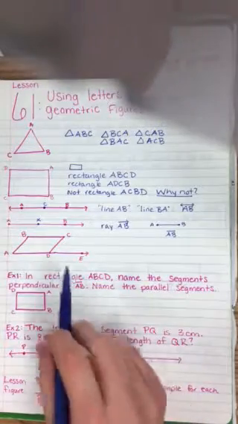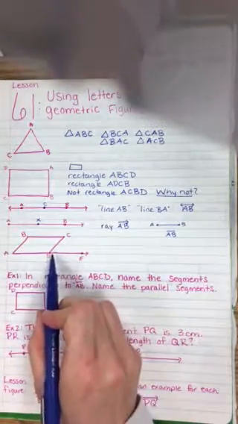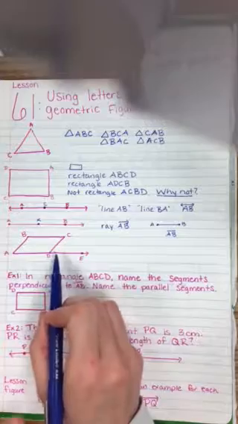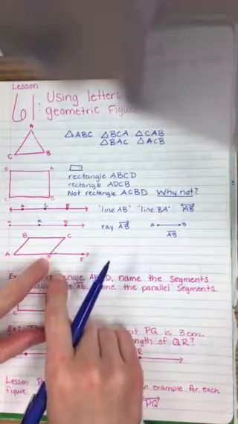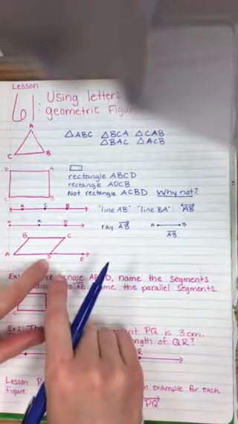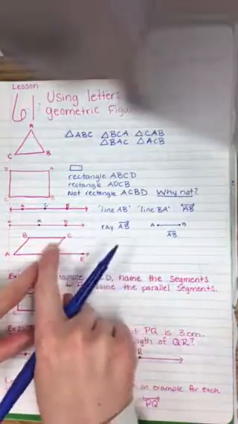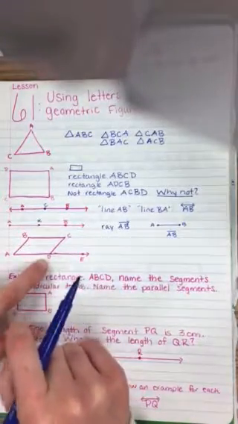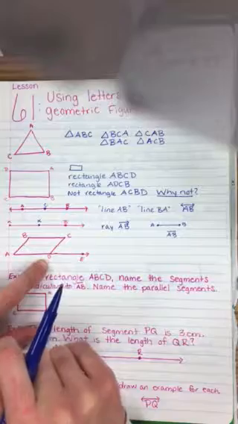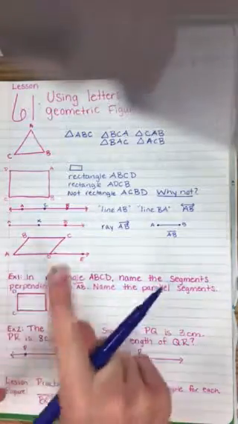So we may name an angle using a single letter that is its vertex. The vertex would be this D here because that would be the corner. If there's no chance for confusion, you could name it with one letter.